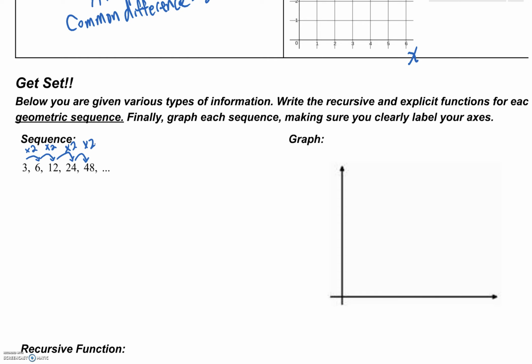We're going to try to find recursive and explicit functions. We're also going to assume the first term is term 1, not term 0. So we could go ahead and make ourselves a little table. Tell you what, I'm going to move this table a little bit more over to the side here.